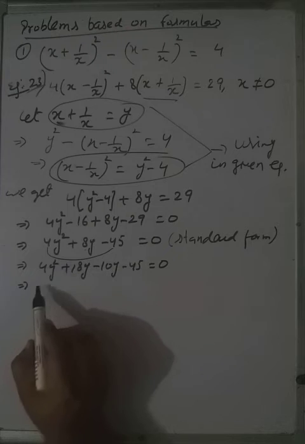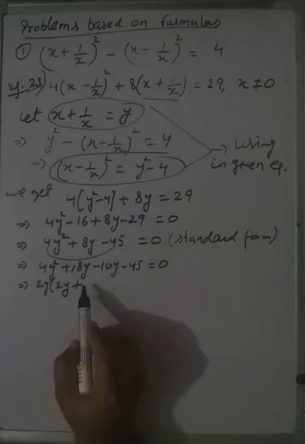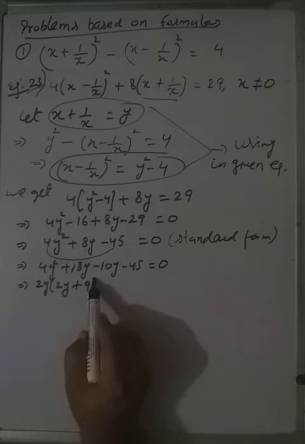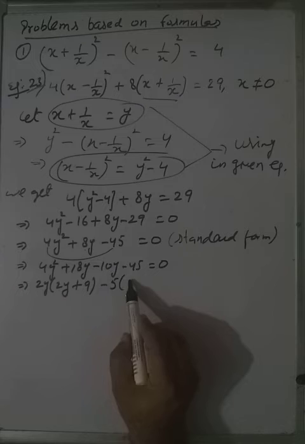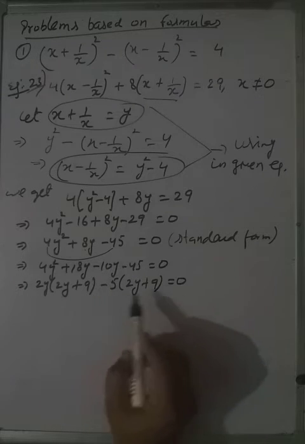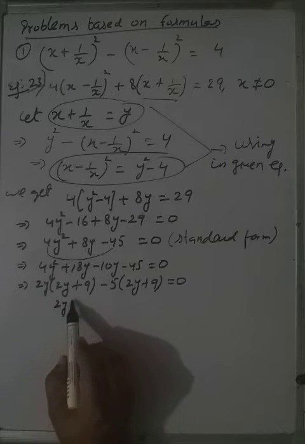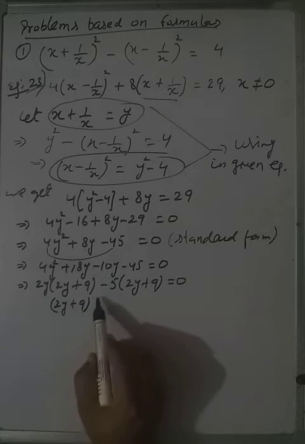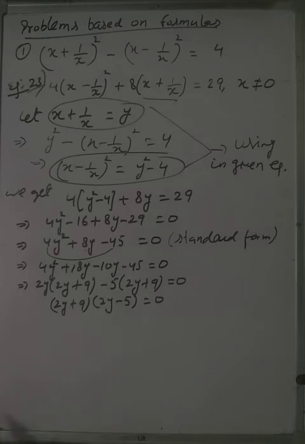So 2y is common from these two, so this becomes 2y plus 9, and minus 5 is common, so this remains 2y plus 9. Now 2y plus 9 is common between the two, so this will be (2y plus 9) multiply (2y minus 5) is equal to 0.